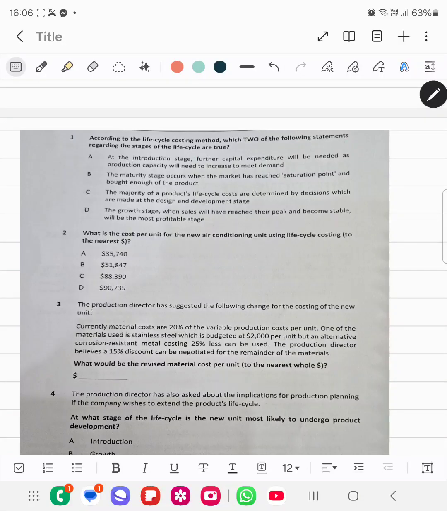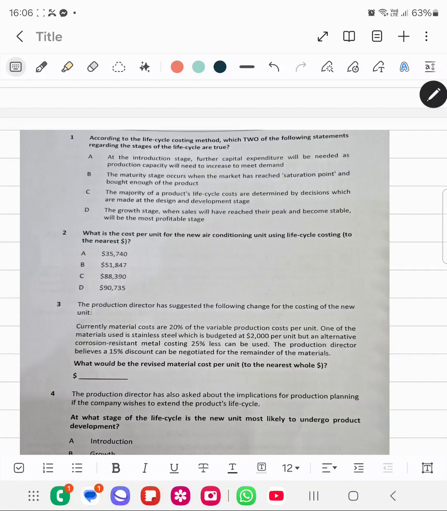At the introduction stage, further capital expenditure will be needed as production capacity will need to increase to meet the demand.